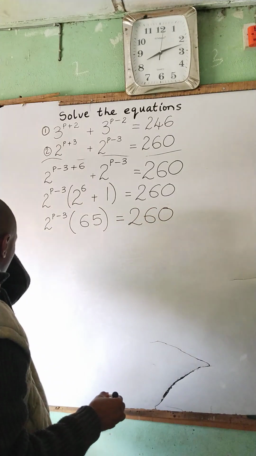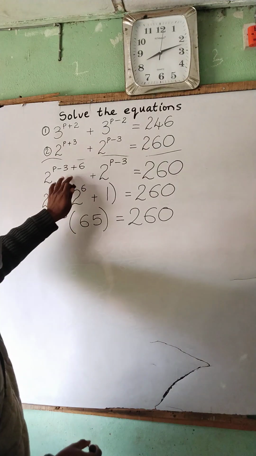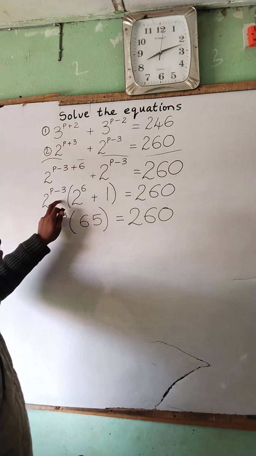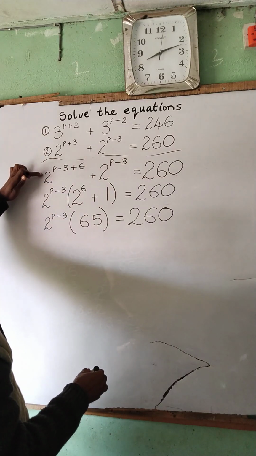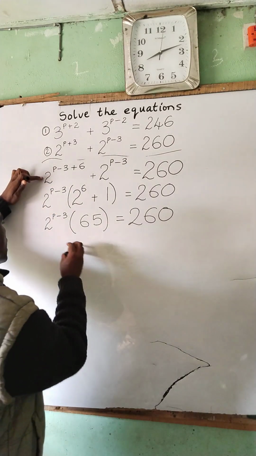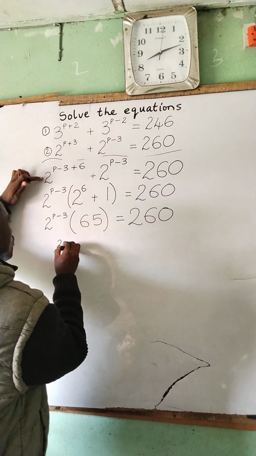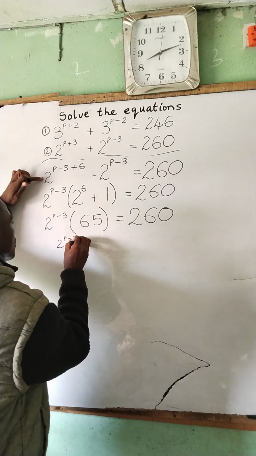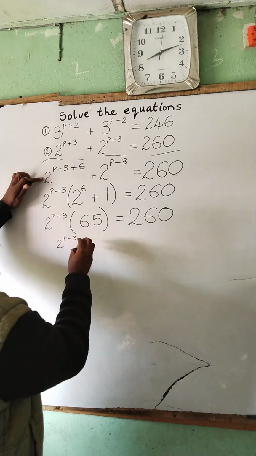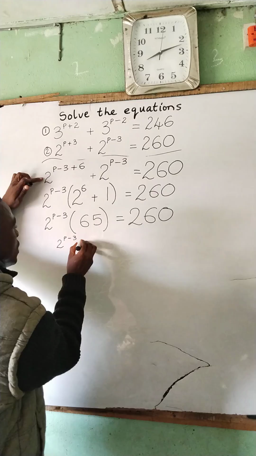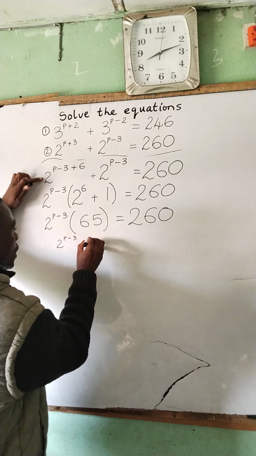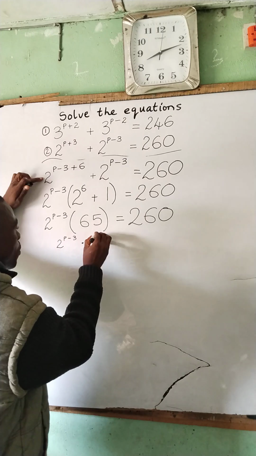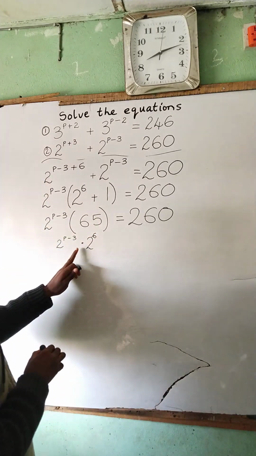But before I proceed, note that what I applied here is one of the laws of indices. What we have here is 2 to power p minus 3, then we assume there is a multiplication here, 2 to power 6.